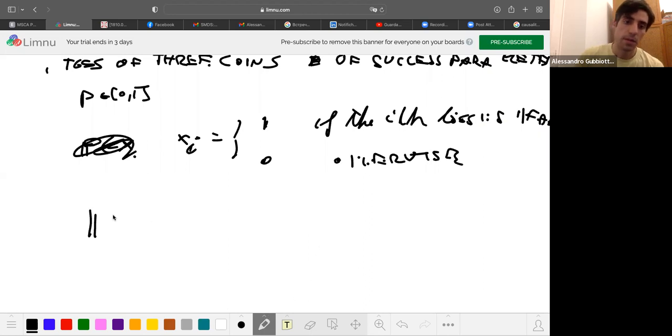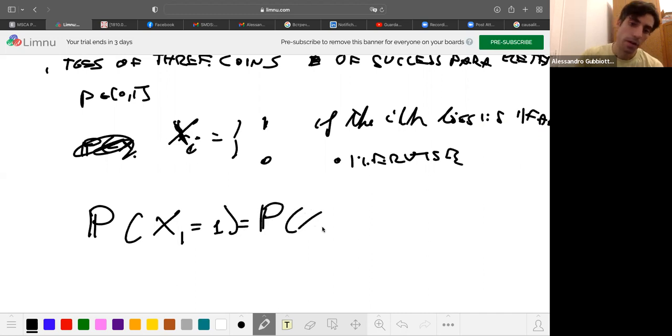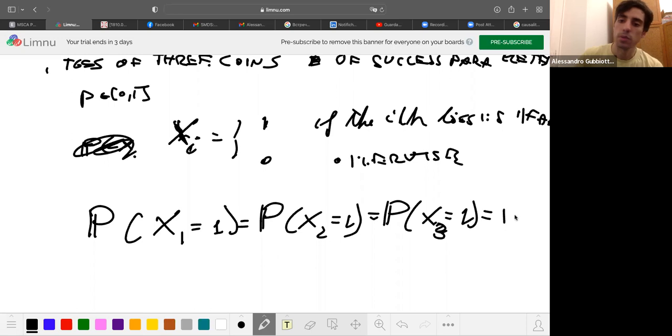then the probability, sorry, this is a capital X, the probability that X1 is equal to 1 is equal to the probability of X2 equal to 1, which is equal to the probability of X3 equal to 1, which is equal to p.